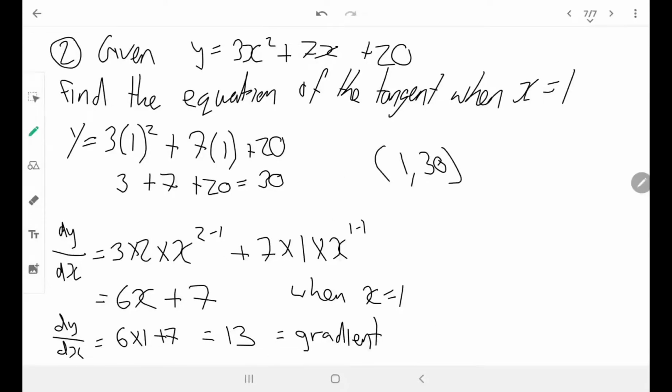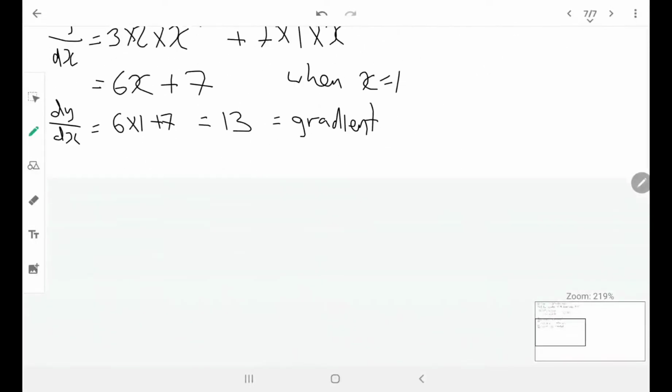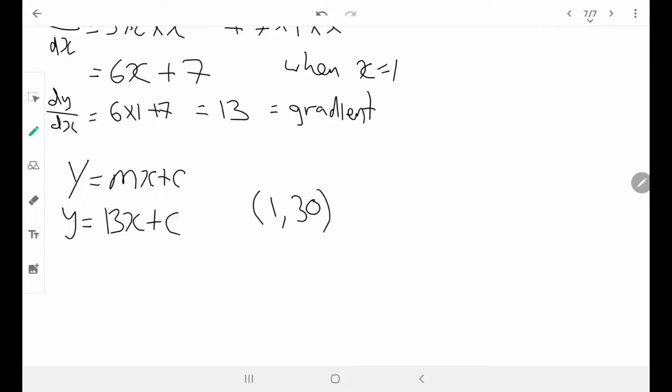And we also have a point on the line. We're going to use the form y equals mx plus c. So y equals 13x plus c, and I have the point 1, 30. So 30 equals 13 times 1 plus c.